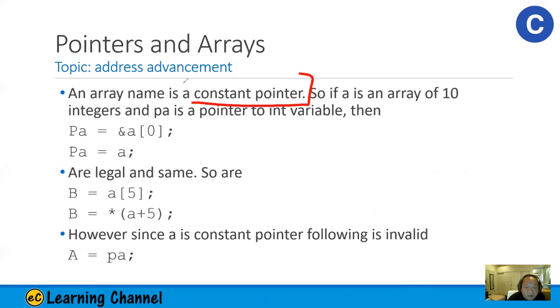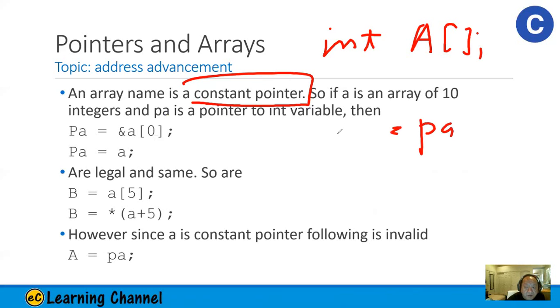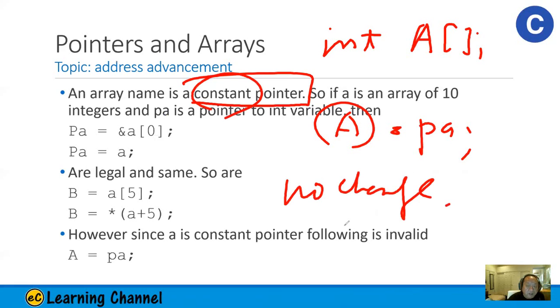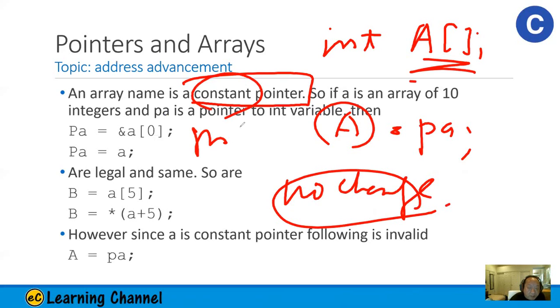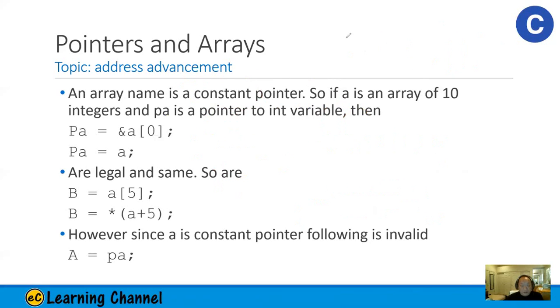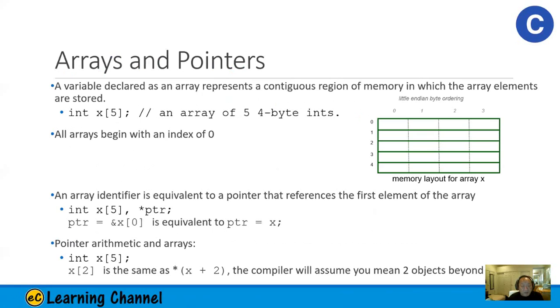If you have an integer array A, you cannot do PA assigned to A. Why? Because it's a constant pointer, no change. When you declare this, A is no change. But when you declare this PA, yes, it's okay to change.